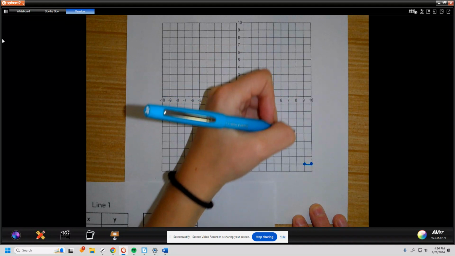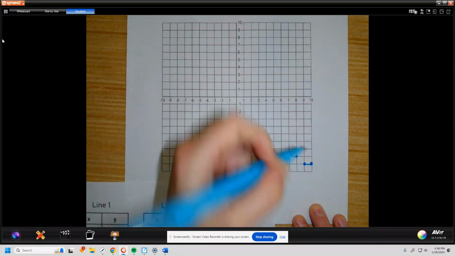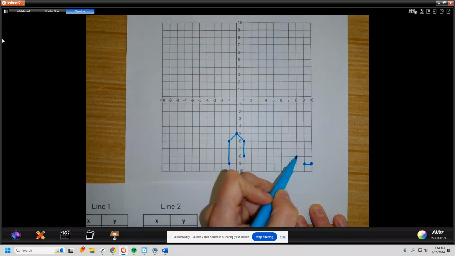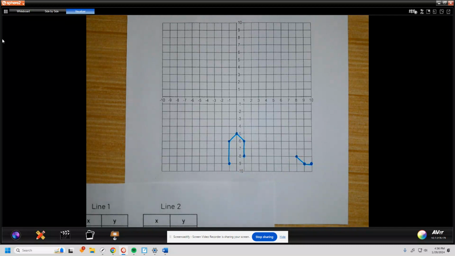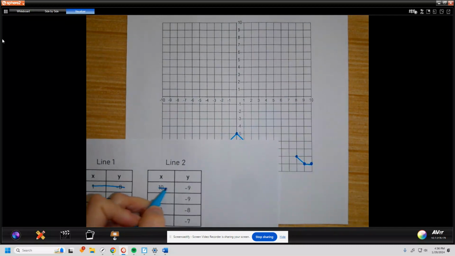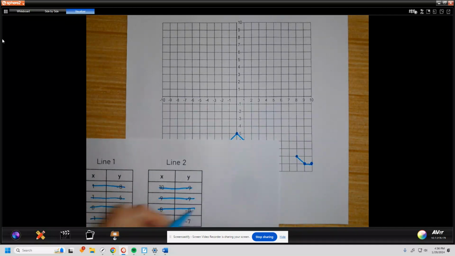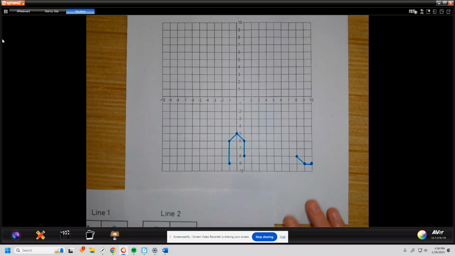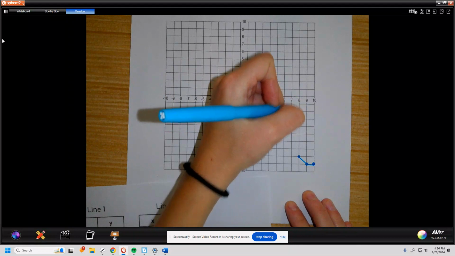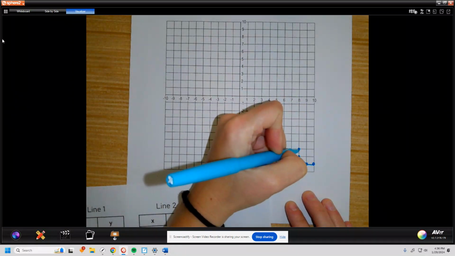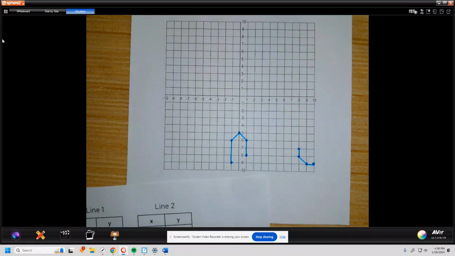So over 8, down 8. Connect it with a diagonal line back to the second point. And I should be crossing these off. Last one is (8, -7). So over 8, down 7. This is line 2.